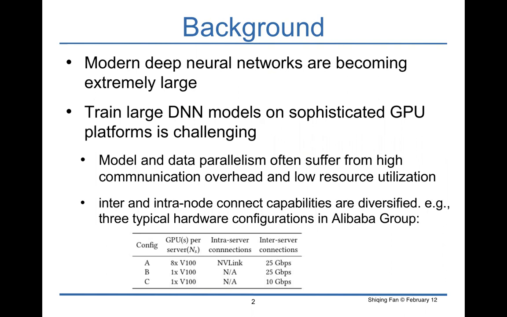On the other hand, inter- and intra-node connect capabilities are diverse. For example, the following table shows 3 typical hardware configurations in Alibaba Group, where config A represents hierarchical interconnections, and config B and config C are flat configurations.